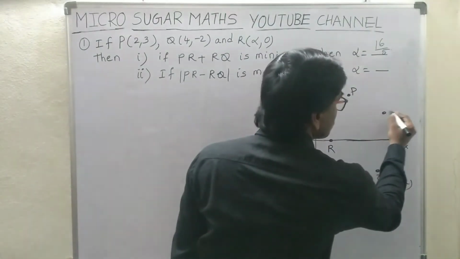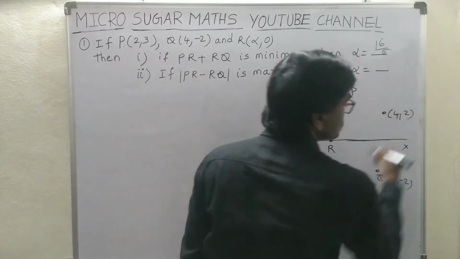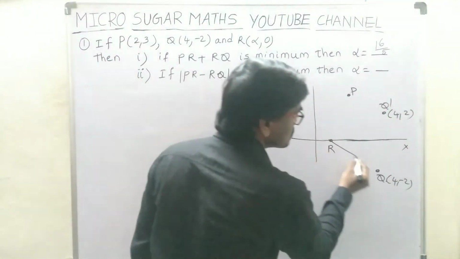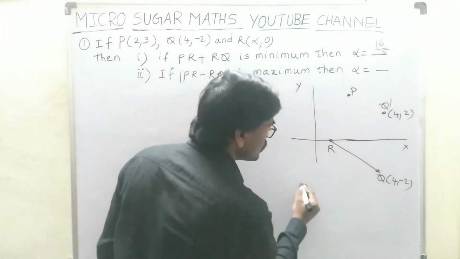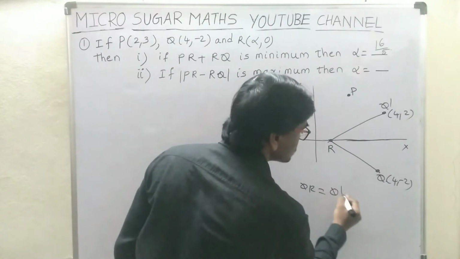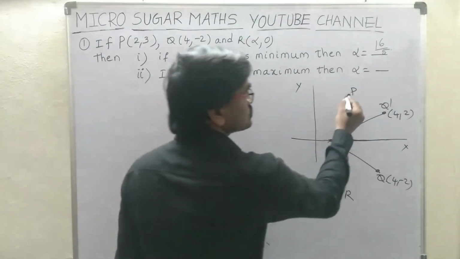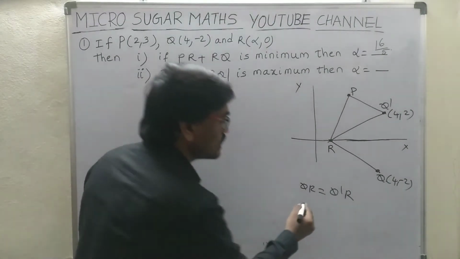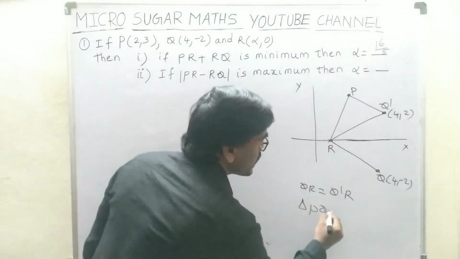You will get (4, 2) as your image. Let it be Q dash. Now the distance QR is equal to the distance between Q dash and R. On joining these three points, you will get a triangle P, Q dash, R.